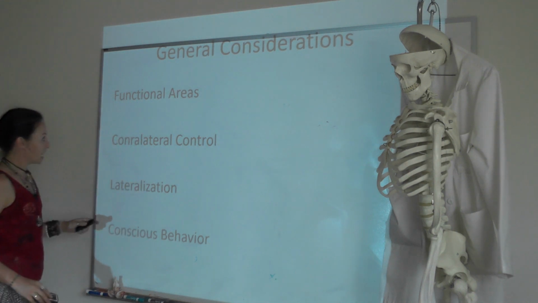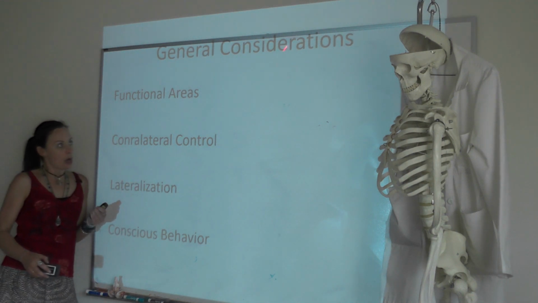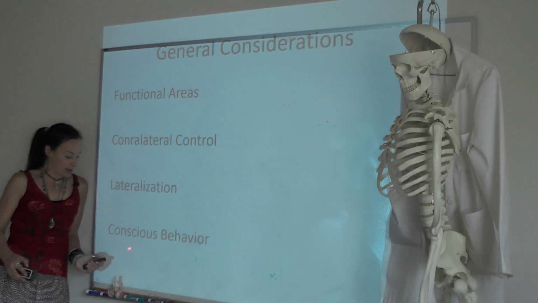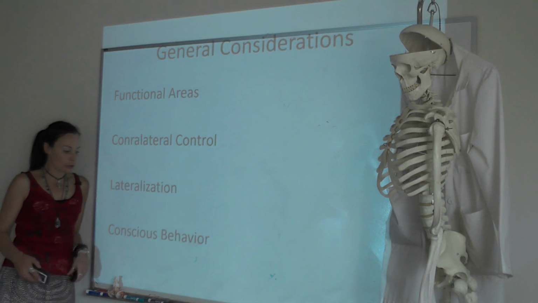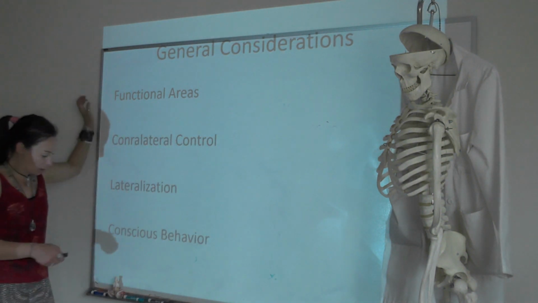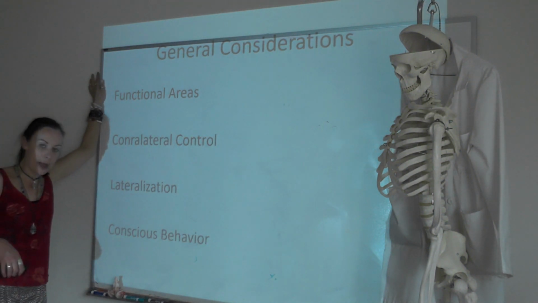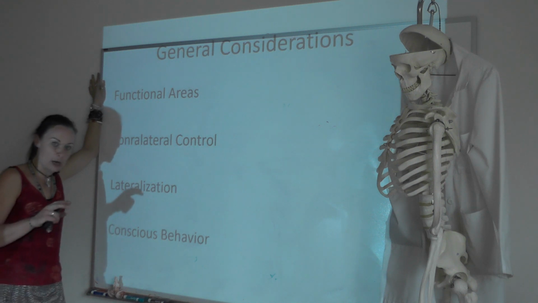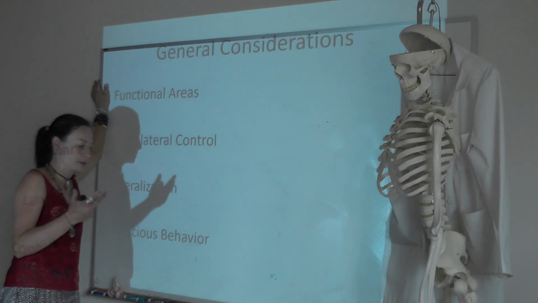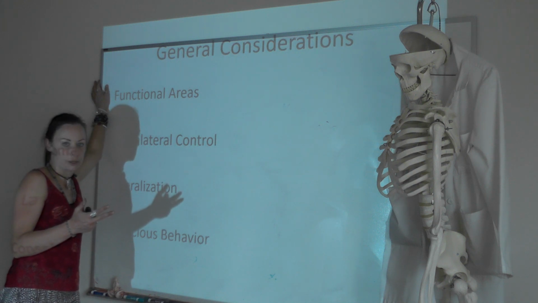Okay, the last thing that we should consider about the cerebrum is that this is where our conscious behavior comes from, goes to, I don't know, chicken, egg, all of it. Anything that you are conscious of is happening in your cerebrum. There are 3 other parts of your brain, your diencephalon, your brainstem, and your cerebellum. You're not really conscious of that.